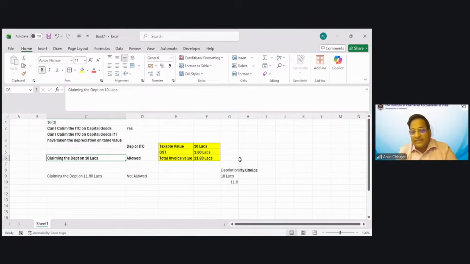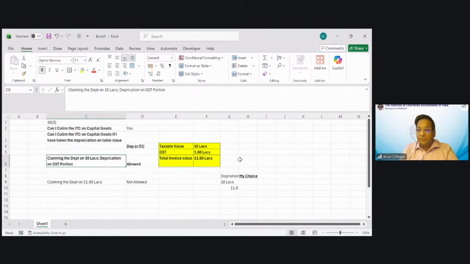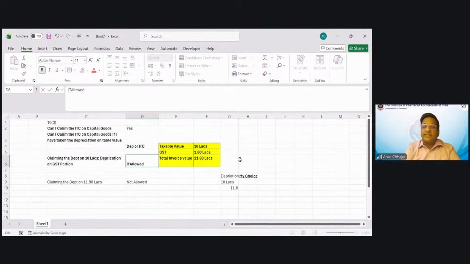In this case, if I am claiming the depreciation on taxable value, can I say that I have not taken the depreciation on the GST portion? The answer is yes, you can say. In that case, you can take the ITC of the GST portion.